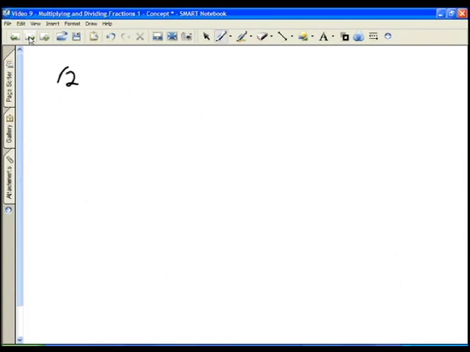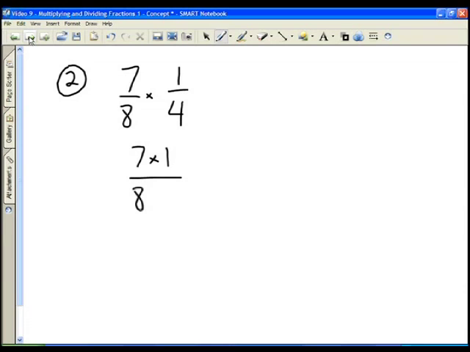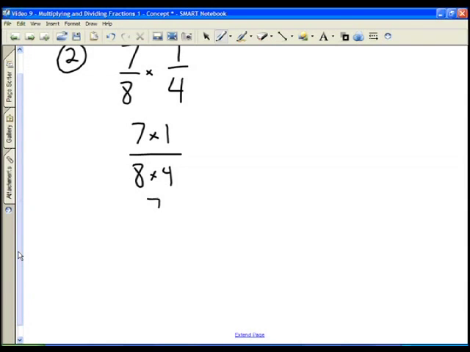Let's take a look at another example. 7/8 times 1/4. So if we're going to multiply these two fractions, we multiply straight across the top, so we get 7 times 1, and straight across the bottom, 8 times 4. 7 times 1 is 7, and 8 times 4 is 32.